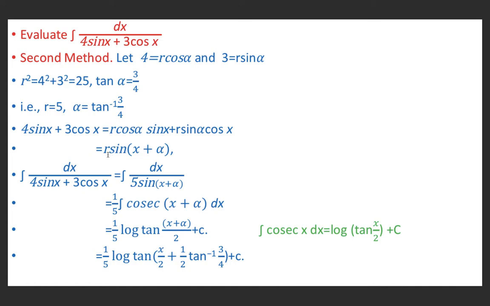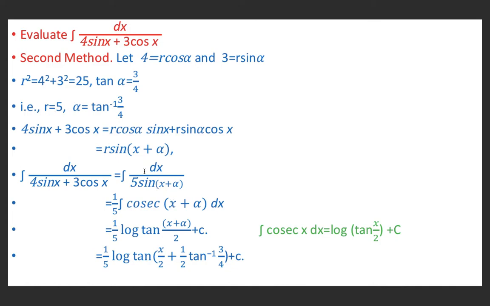So we may write it as r sin(x plus alpha). So this expression 1 upon 4 sin x plus 3 cos x reduces to 1 upon 5 sin(x plus alpha), because r is 5.